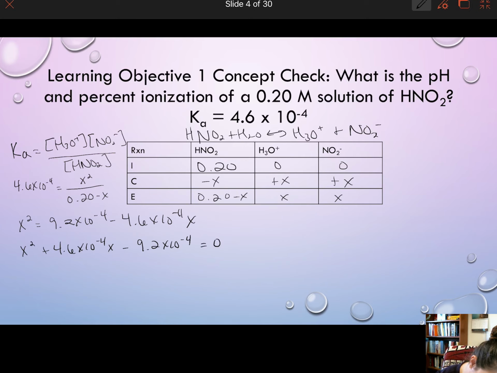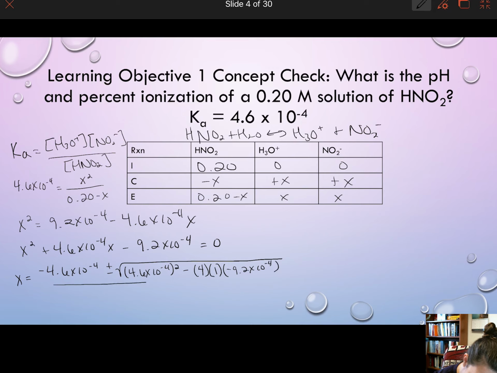We'll put this into our quadratic equation. X is equal to negative B, 4.6 times 10 to the negative 4, plus or minus the square root of B squared minus 4 times our A, which is a 1, times our C, negative 9.2 times 10 to the negative 4, all divided by 2 times our A, which is 1.